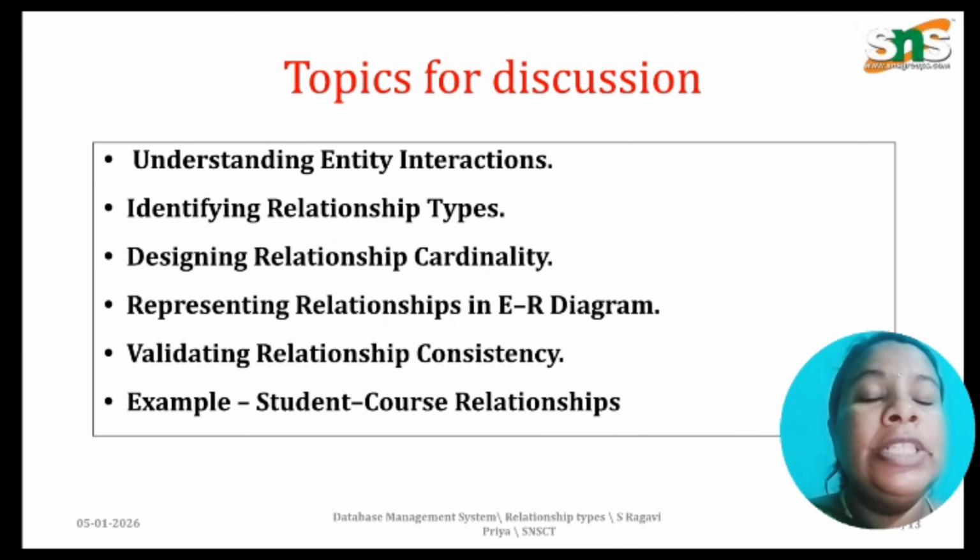So topics for discussion: understanding entity interactions, identifying relationship types, designing relationship cardinality, representing a relationship in ER diagram, validating relationship consistency, then example student course relationship.